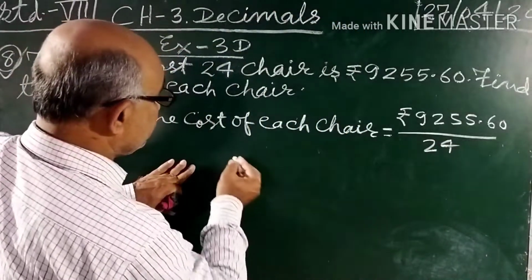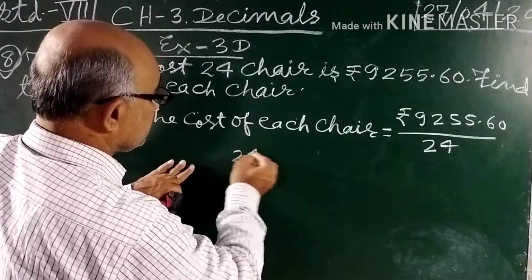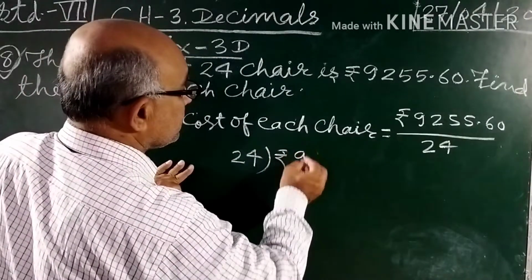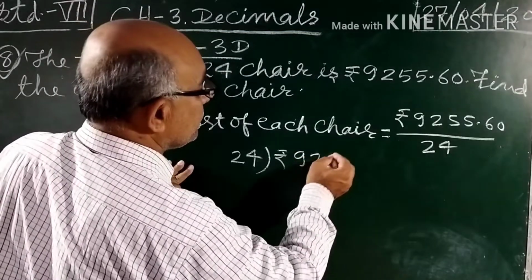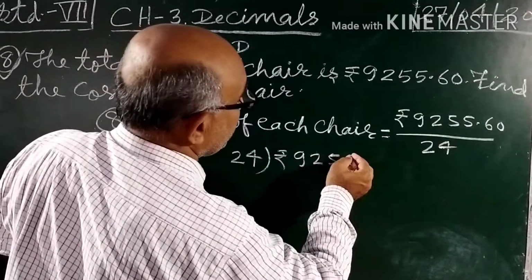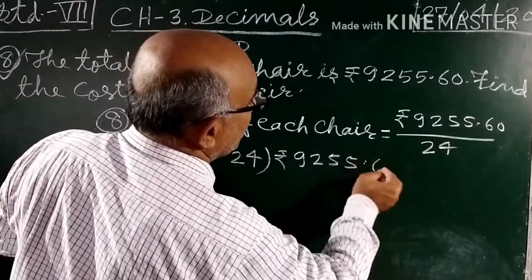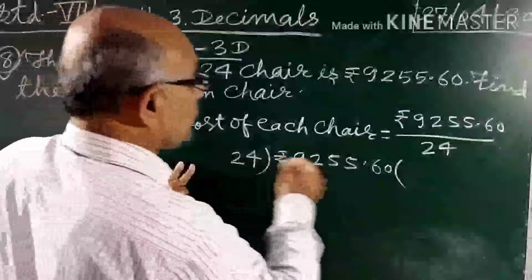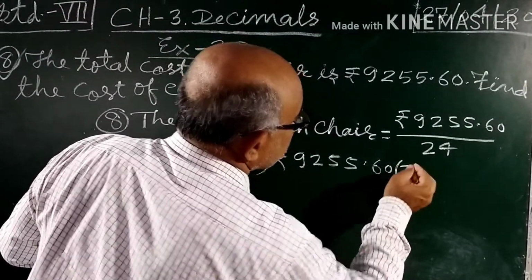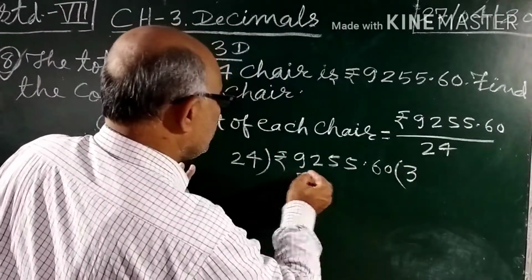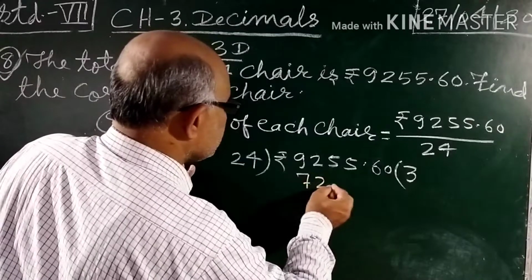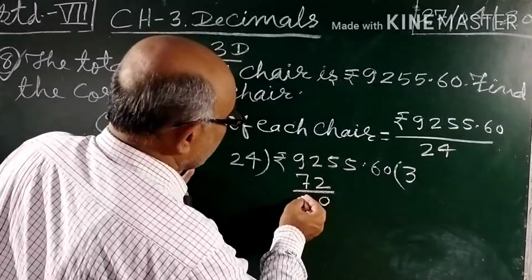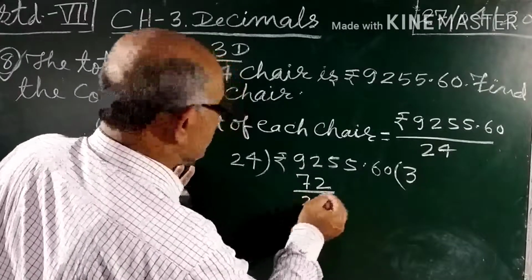So divide it. 24 threes are 72. 2 minus 2, 0. 9 minus 7, 2.